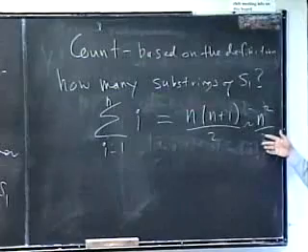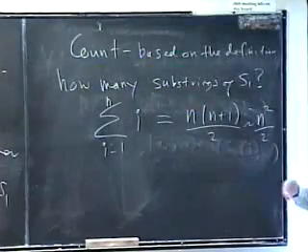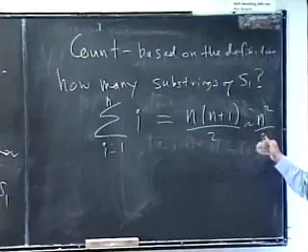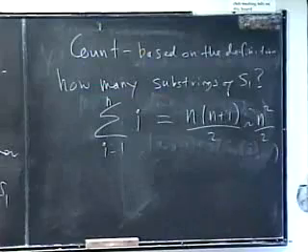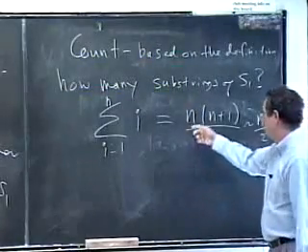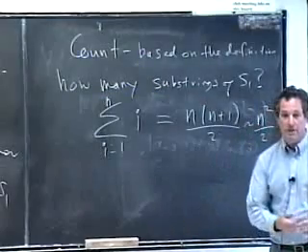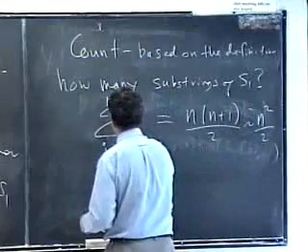When we're in the frame of mind where we're throwing away constants, as we're going to be talking about proportionalities, we can even throw away the half. But you can see it grows as n squared. As the sequence gets longer, the number of substrings grows proportional to n squared. And how many substrings of S2?